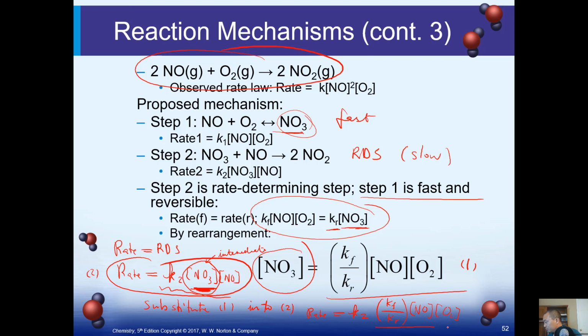So this is the NO3 concentration. And then we have NO left. We're going to multiply by NO. When you rewrite it, the NO terms are the same, so we put them together. So this rate will be k2 times Kf over Kr times NO squared times O2. And as you can see, this equation is consistent with what you have observed over here. They are consistent.